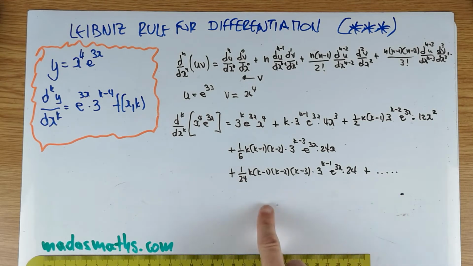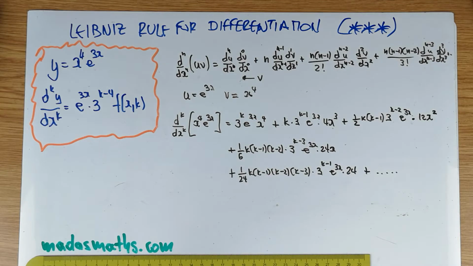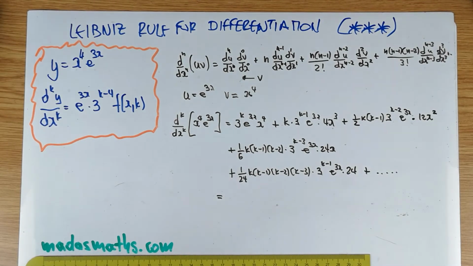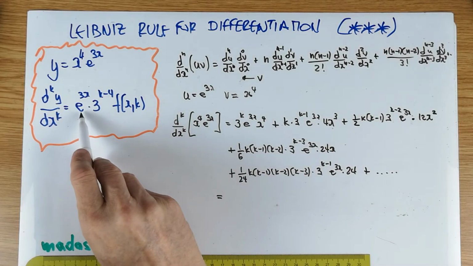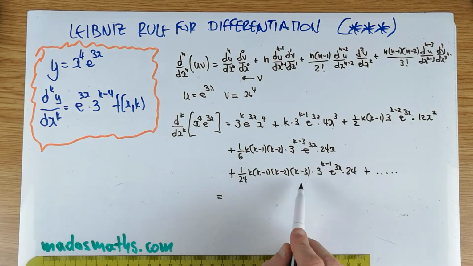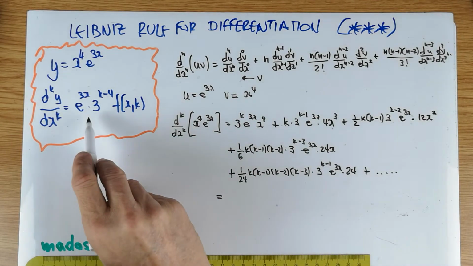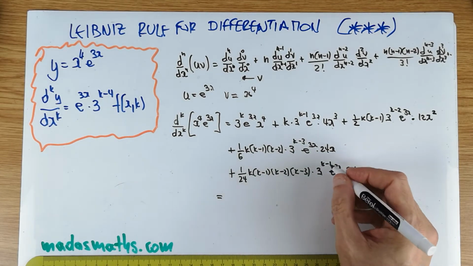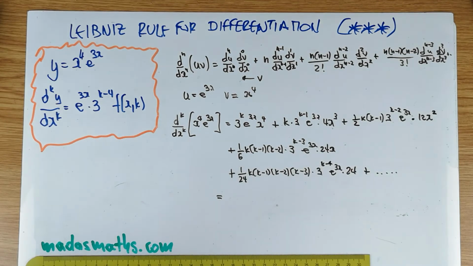So now we need to do a bit of a tidy up in here with all of this. So what can we factorize in there? It's giving us a clue. Factorize e to the 3x, which of course is in every term. And the 3 to the k minus 4, that should be k minus 4 here. Another mistake.